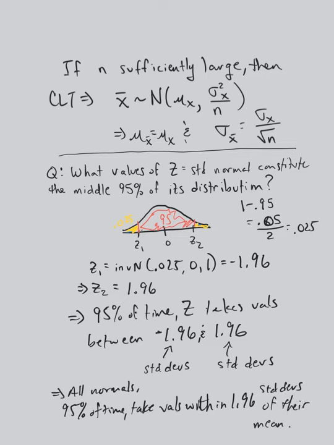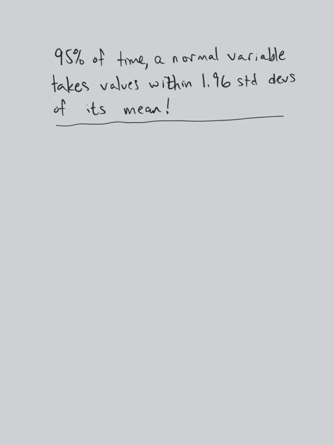And so what we can do is we can use the standard normal variable to describe the behavior of all normals, as long as we're willing just to talk about standard deviations and being within a certain amount of standard deviations. And that's part of the reason we're going to use standard normals so much. So the big thing to get out of what we just talked about is that 95% of the time, a normal variable takes values within 1.96 standard deviations of its mean.